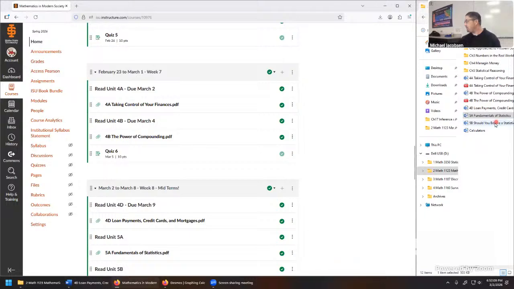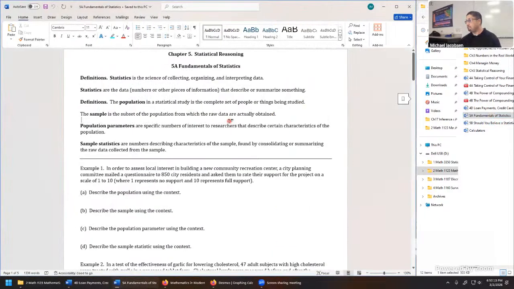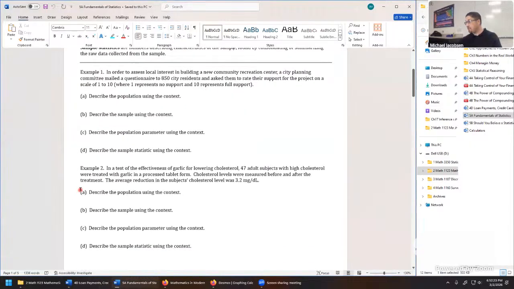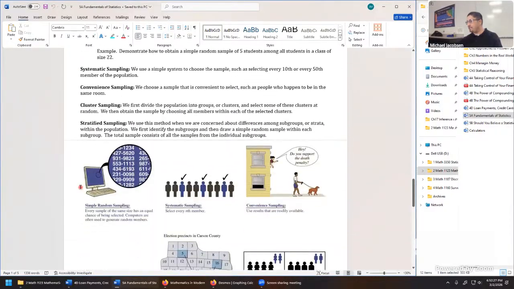So let's open it up, see what it looks like. So we have a big wall of definitions that we're going to break down carefully, methodically, apply them to examples. As we go through these examples, let me see if there's one in particular.